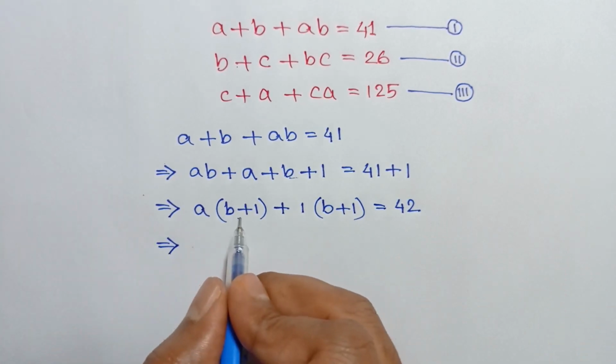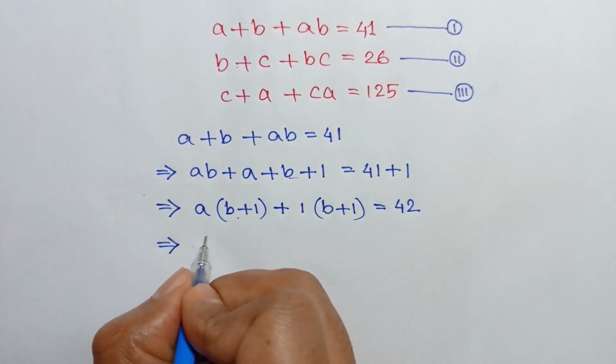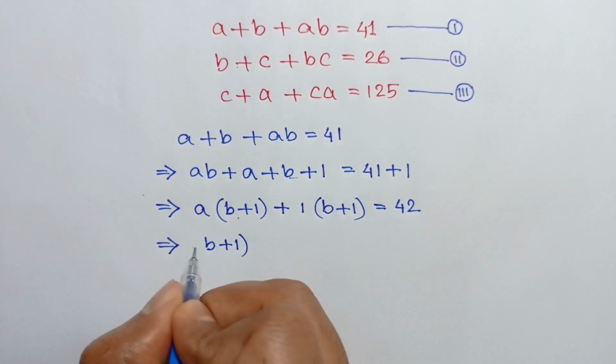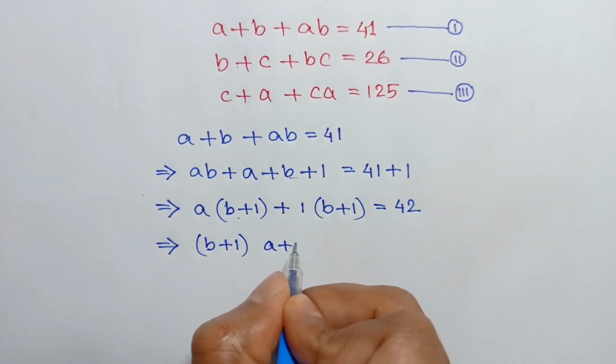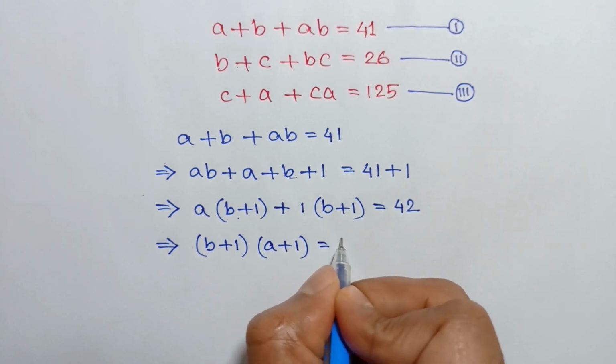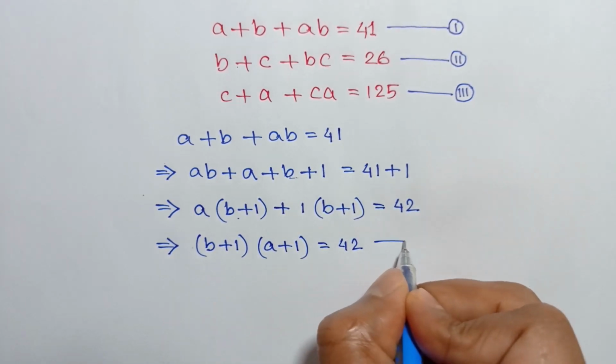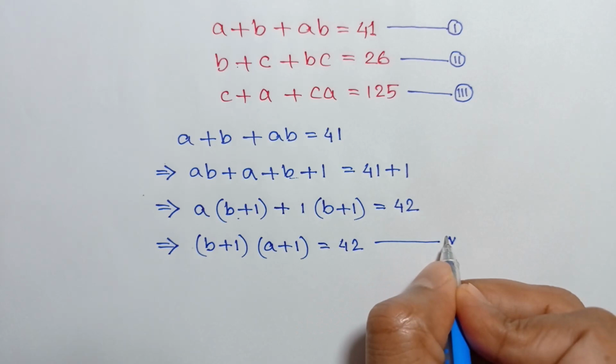Taking (b + 1) common we can write (b + 1)(a + 1) = 42. Call it equation number 4.